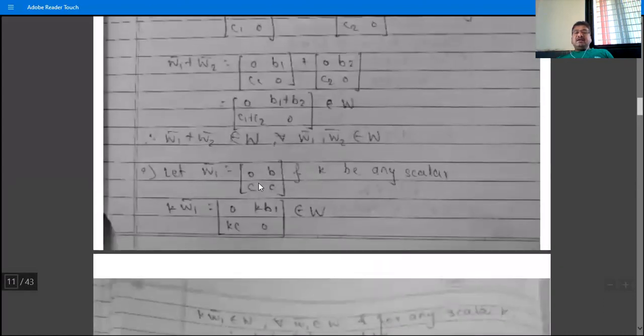That is, any scalar times any element of W does not necessarily belong to W. So I have to write the counter example. Take K as 1/2 and A as the element 2, 3, 4, 5, which belongs to W. Suppose this matrix is A, or W1. Then what is K into A?